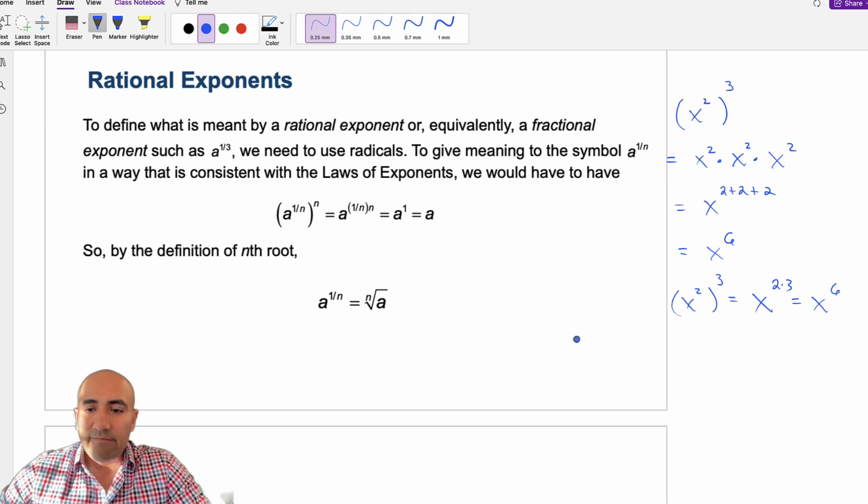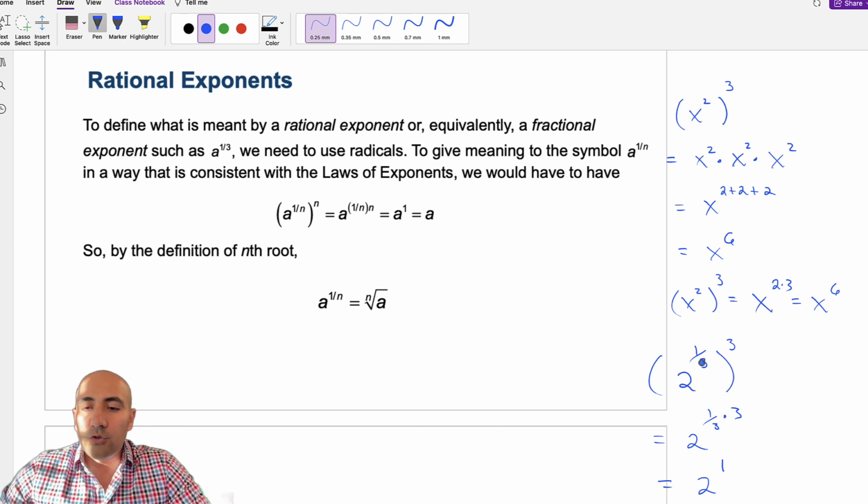So they're pointing out that if I have, say, for example, 2 to the power of 1/3, we're trying to figure out what that is, then it must be true that when I take 2 to the power of 1/3 and then raise that to the power of 3, because of this property, this must be equal to 2 to the power of 1/3 times 3, which is equal to 2 to the power of 1, since 1/3 times 3 is 1, which is just equal to 2.